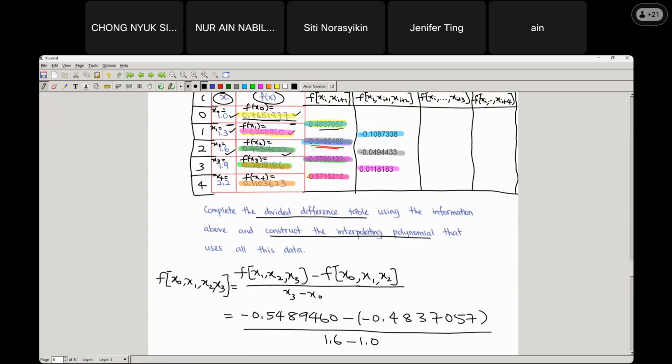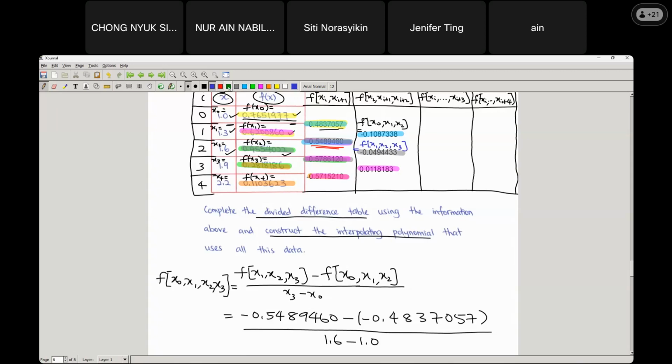Okay, so I have this value, you substitute. This is the value of f[x0, x1, x2] equal to this value. This value is f[x1, x2, x3] equal to this.